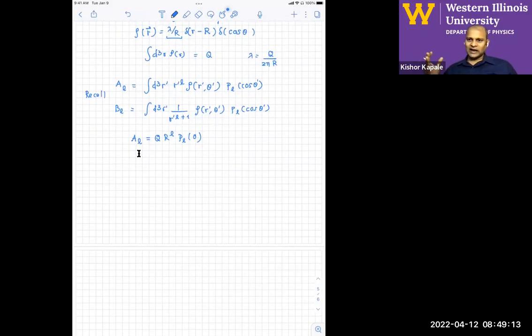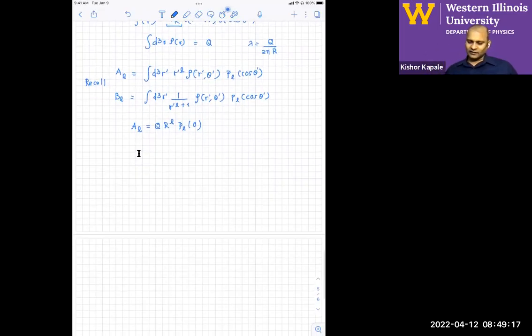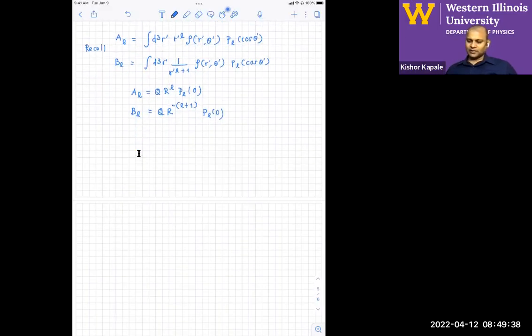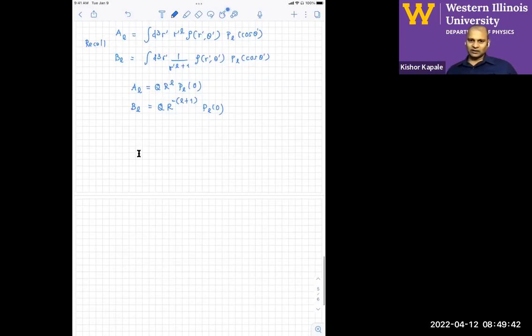You can have any of the P_Ls, but they need to be evaluated now for a specific value of cosine theta. Same thing with B_L. It's going to be Q R to the power minus L plus 1, because the r and theta integrals are very easy to do because of the delta function, right? So that's all that happens. You just basically get picked out the specific position or specific values of theta.